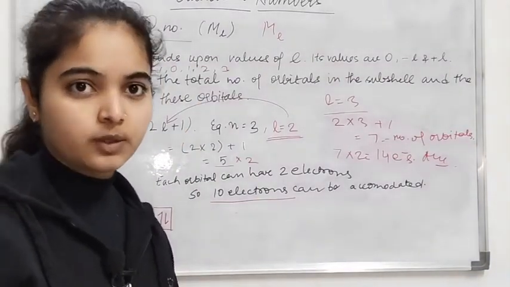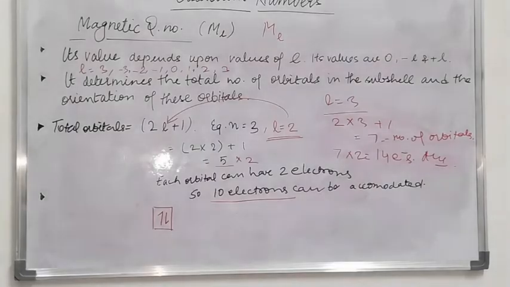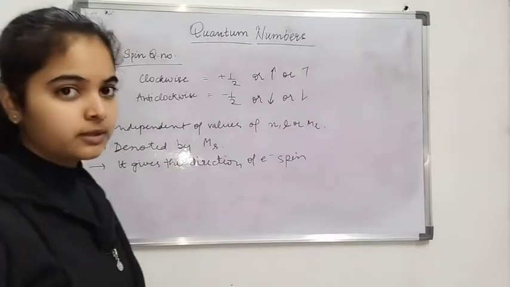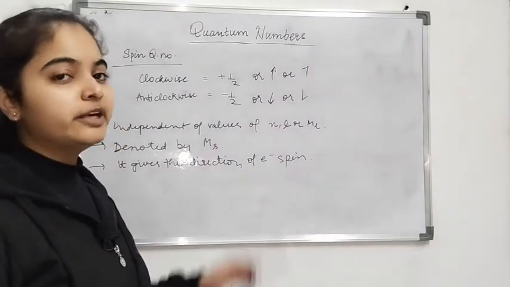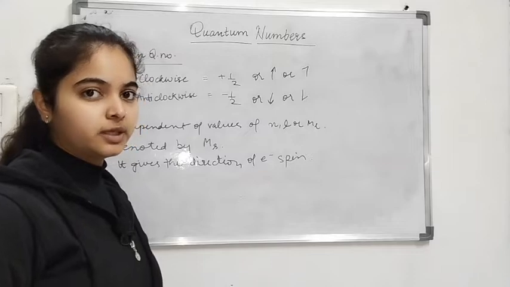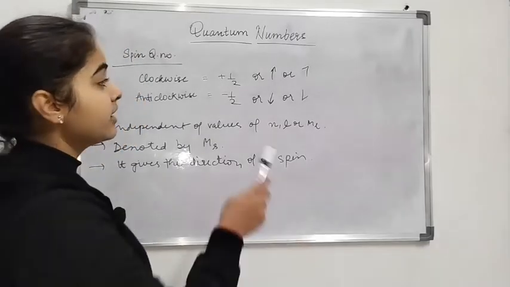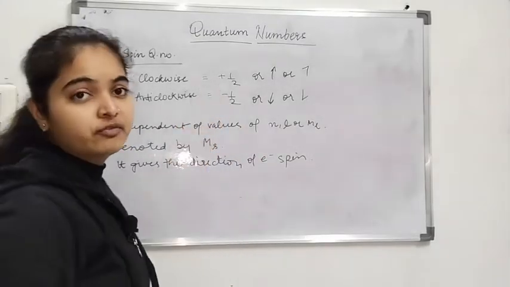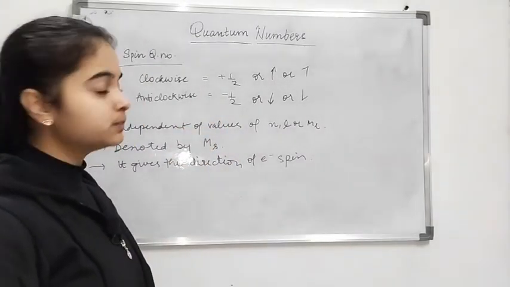Now moving to the spin quantum number. It is independent of the values of principal quantum number, azimuthal quantum number and magnetic quantum number. It can have only one of two values, plus 1/2 or minus 1/2.